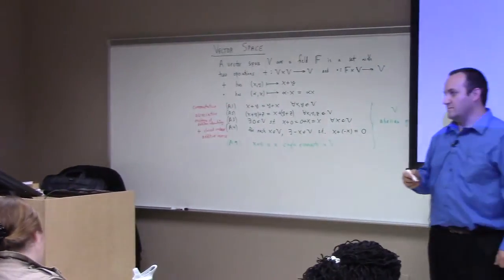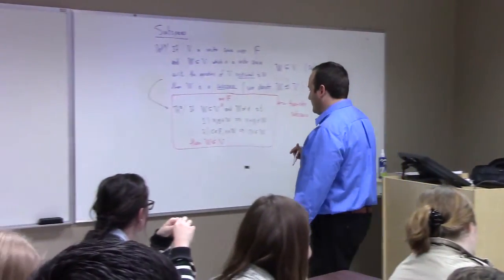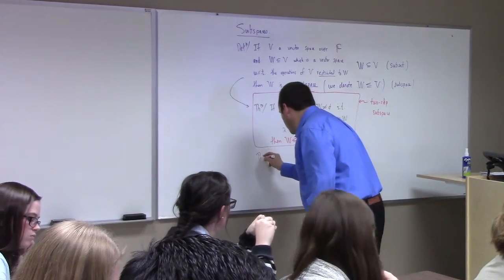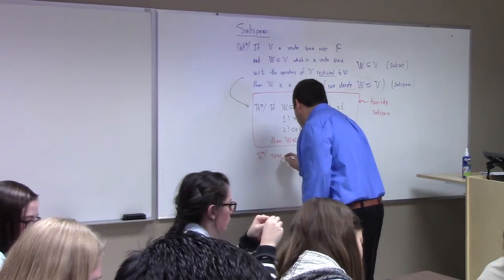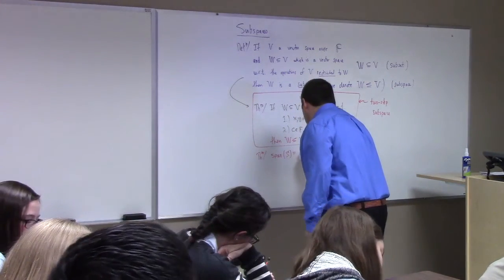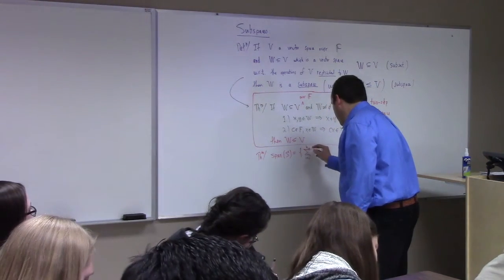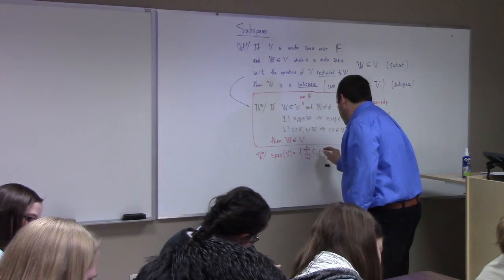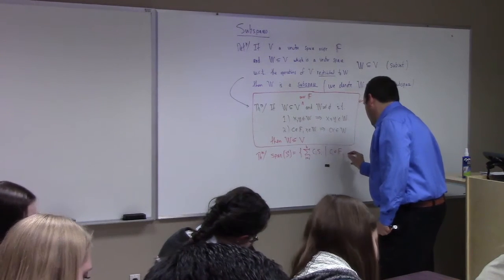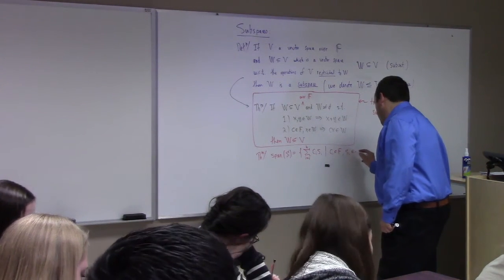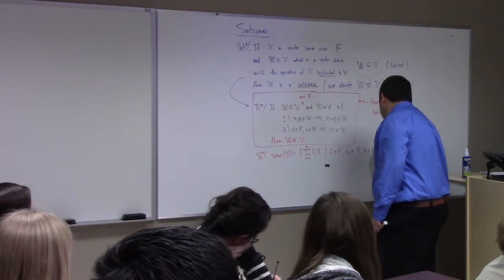That's the one amazing tool we have to prove something's a subspace. There's an even easier theorem, and that's that the span of S is equal to the sum from i equals 1 to k of C sub i S sub i, such that C sub i is in the field and S sub i is an element of S and k is a natural number.